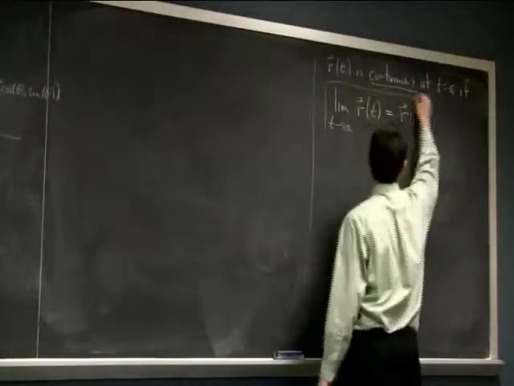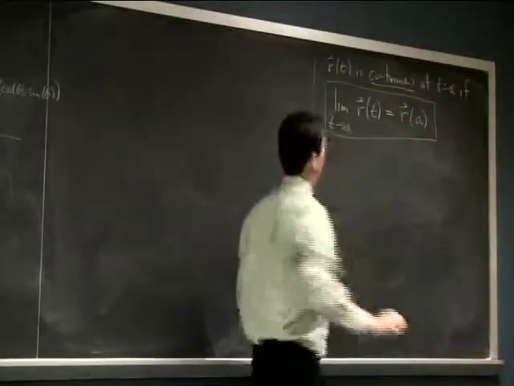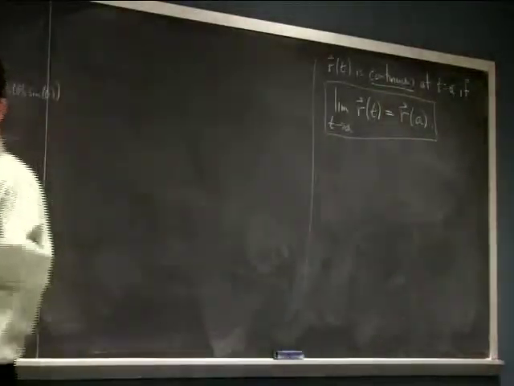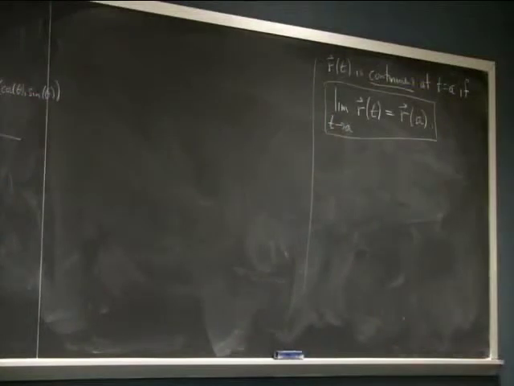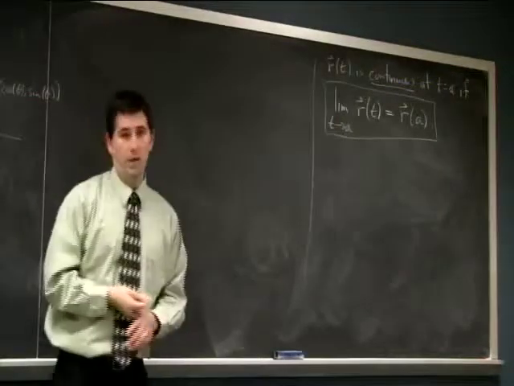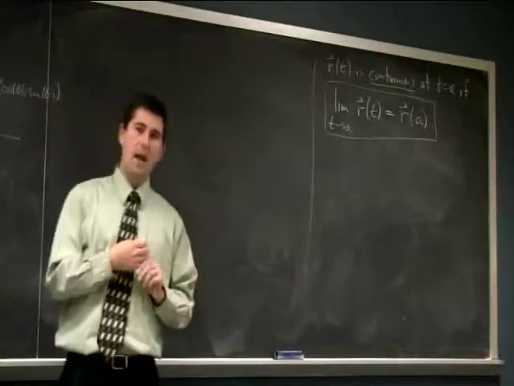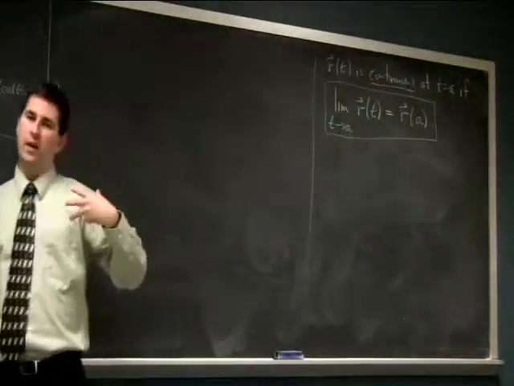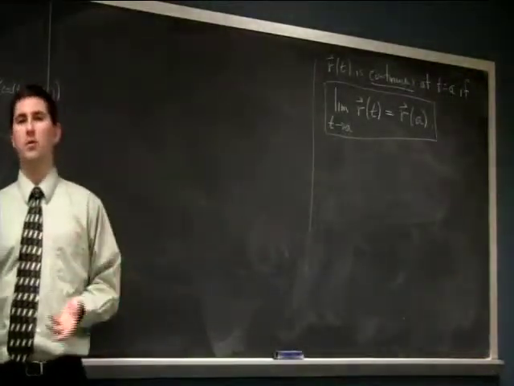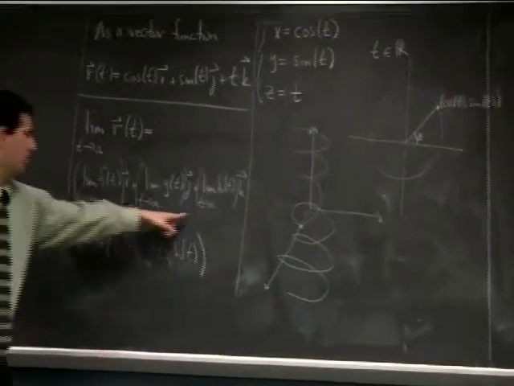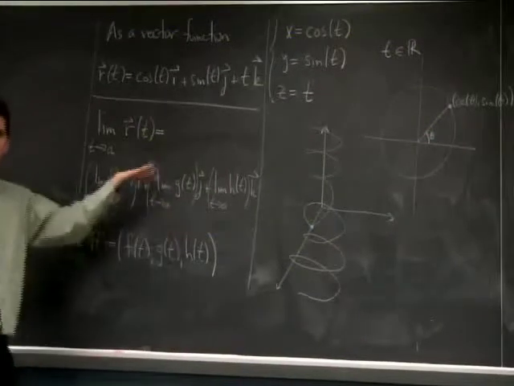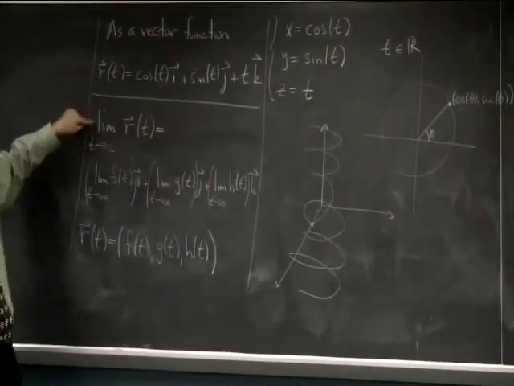If you replace r of t with f of x, this is exactly the continuity condition we had for single functions of one variable. So you have limits, you have continuity, and all of the normal properties of limits and continuity exist. By the way, I'm assuming all these limits exist. If these limits don't exist, then this limit doesn't exist.